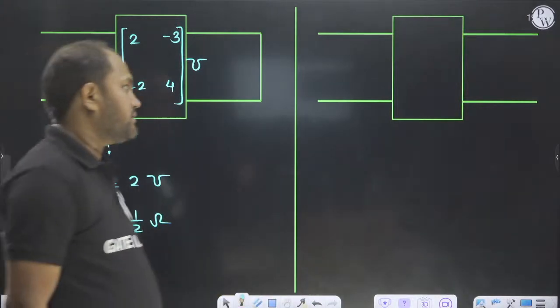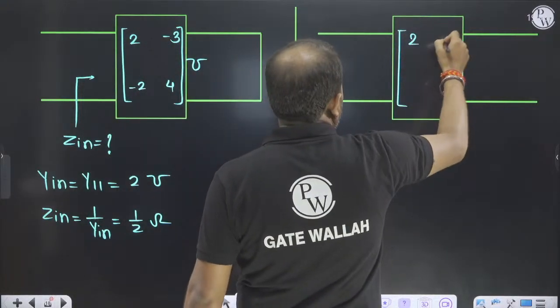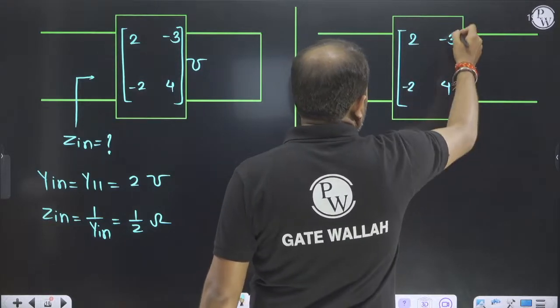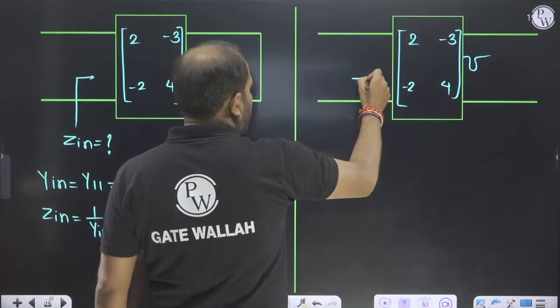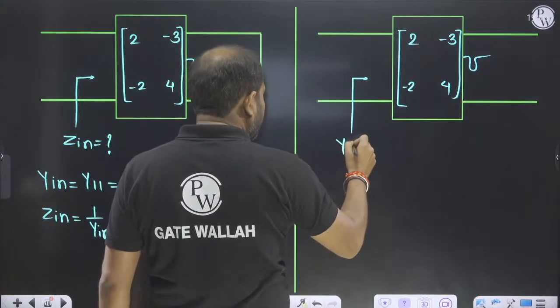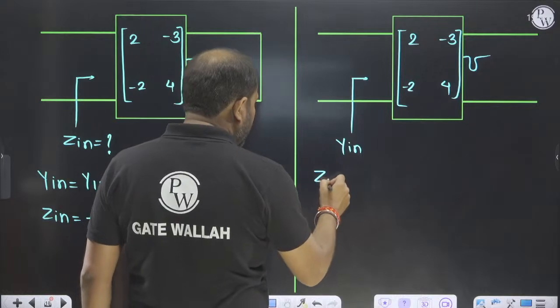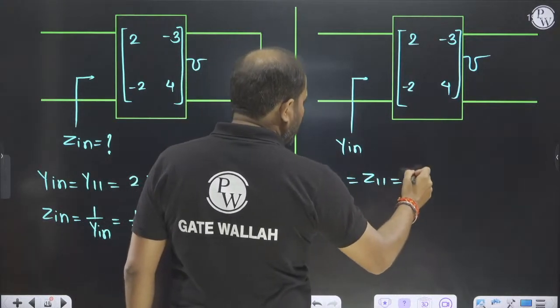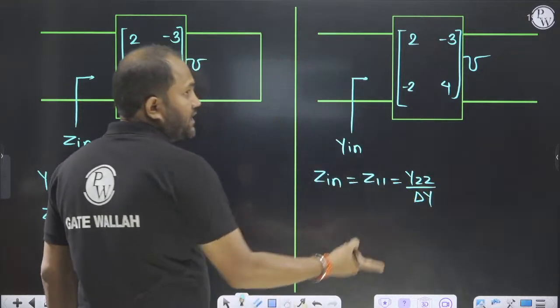If it is written like this, 2, -3, -2, 4, and same condition, but they are asking y in, what you will do? First of all, you have to find out Z in. Open circuit, Z11. So it will be y22 upon delta y, we have studied in conversion.